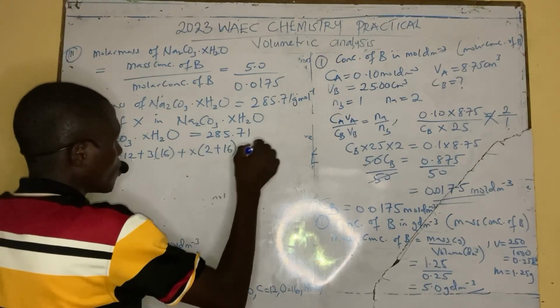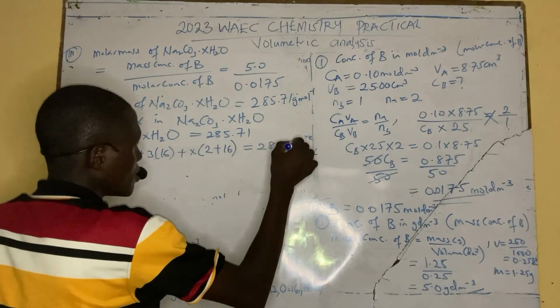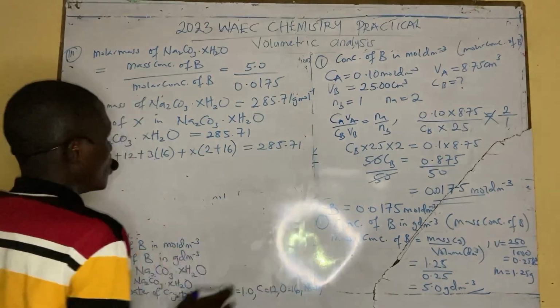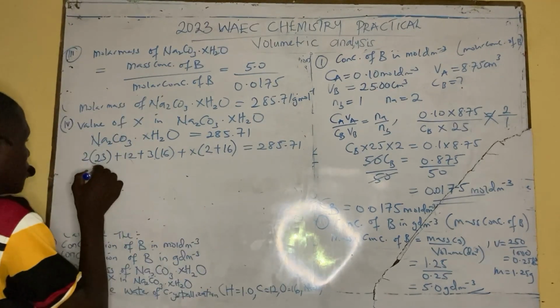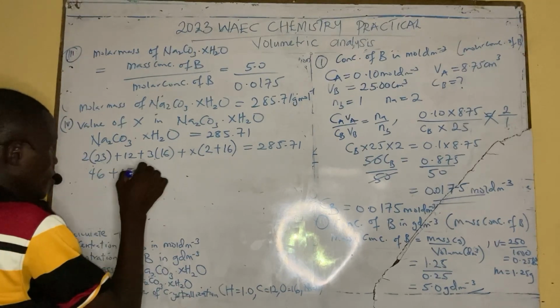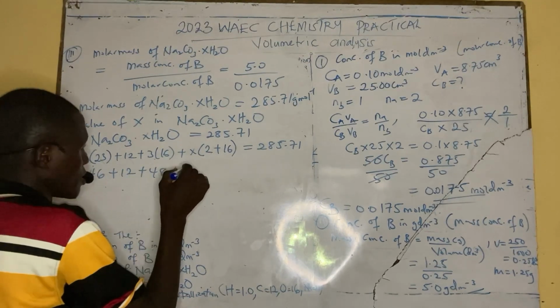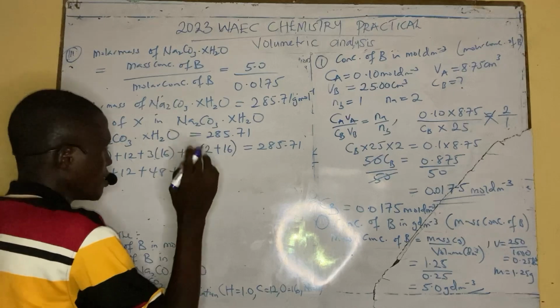Now everything equals 285.71. So from here we have 46 plus 12 plus 48 plus 2 plus 16.